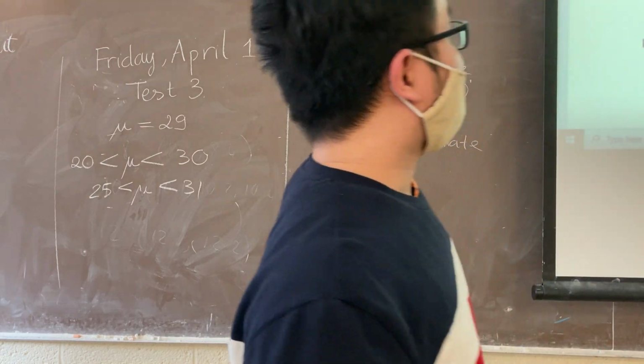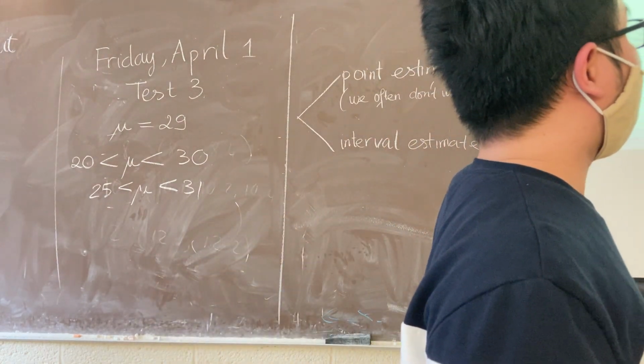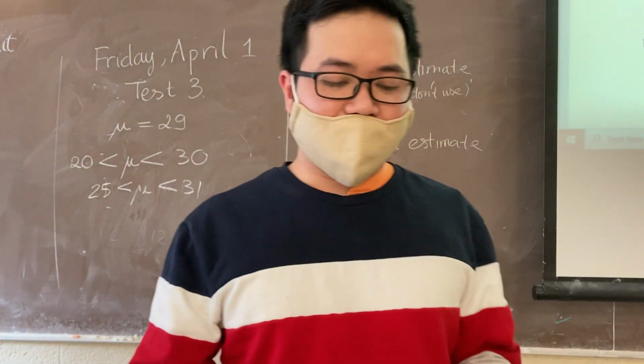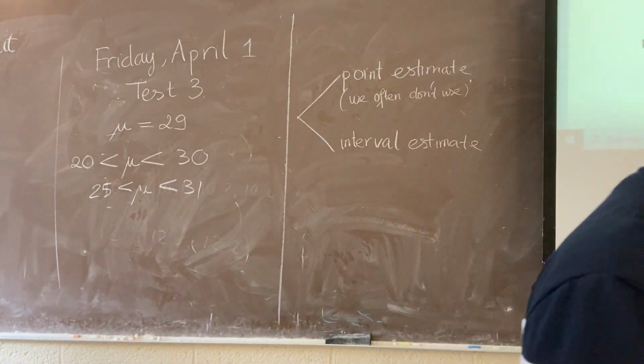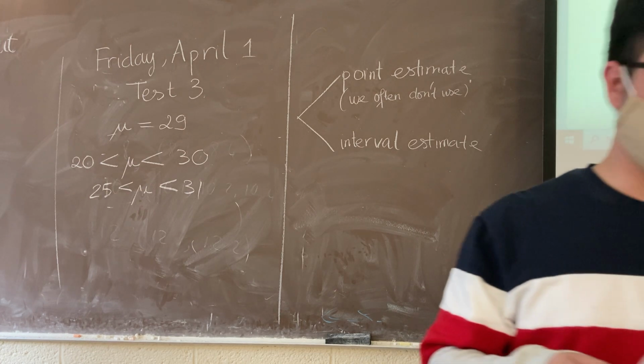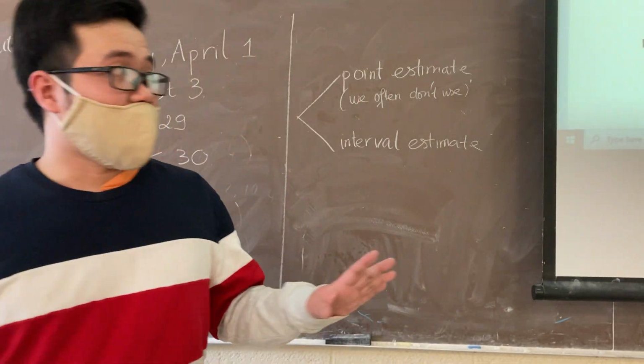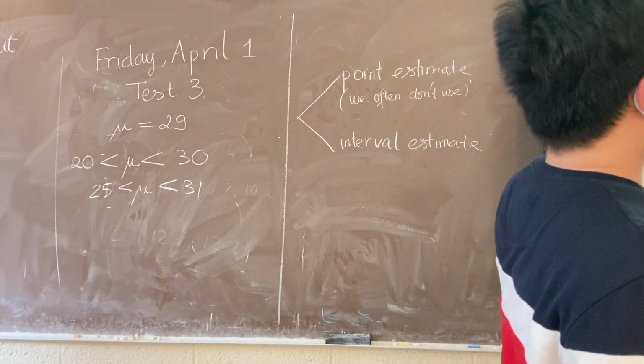And the second one, the population standard deviation sigma is known. In this method, we need to know the standard deviation. If we don't know it, we cannot apply this method. Sometimes they will give you the standard deviation in your question. And the sample size will be at least 30.